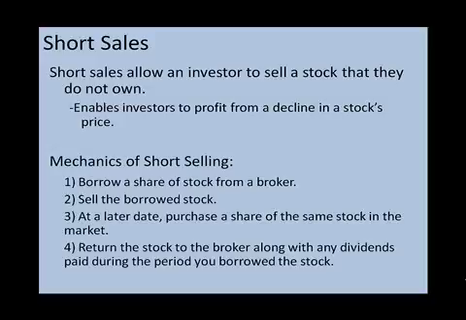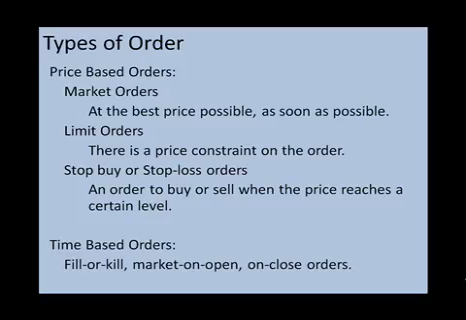Now let's consider all the different types of order that you can place in the market. We have two main types of order: price-based orders and time-based orders. If we think about price-based orders first, the most common order for individual investors is probably the market order.